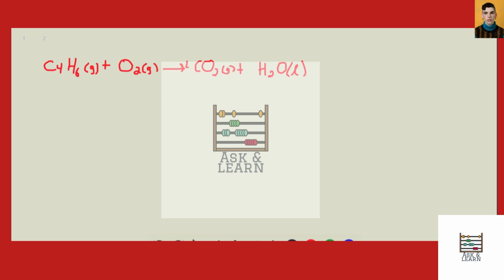So we have 4 carbons on the left, 4 on the right. We have 6 hydrogens on the left, so we have to have 3 waters, and 6 hydrogens on the right. So we have 8 oxygens here, 11 here. So we're going to have 11 over 2 here.